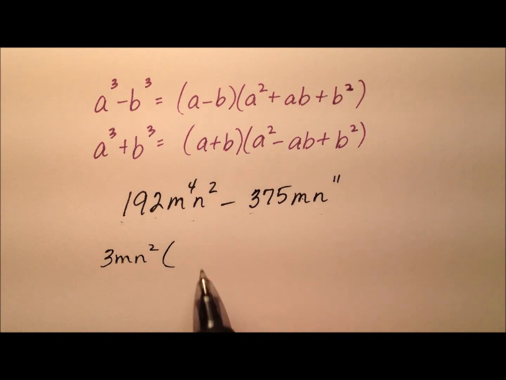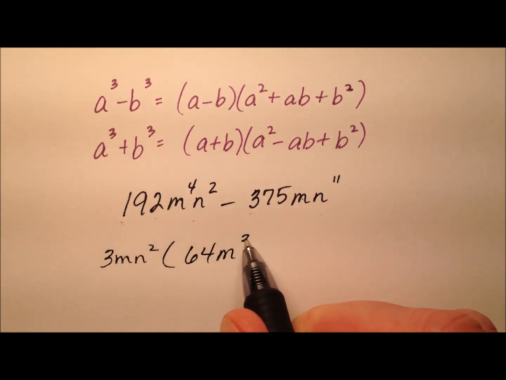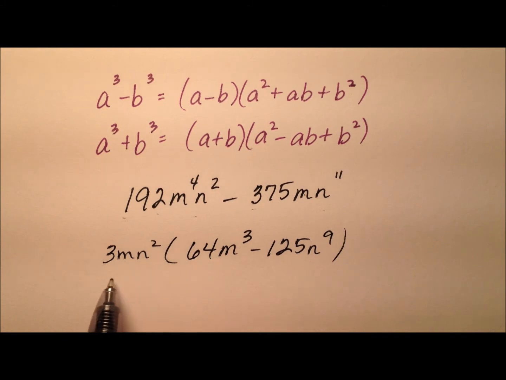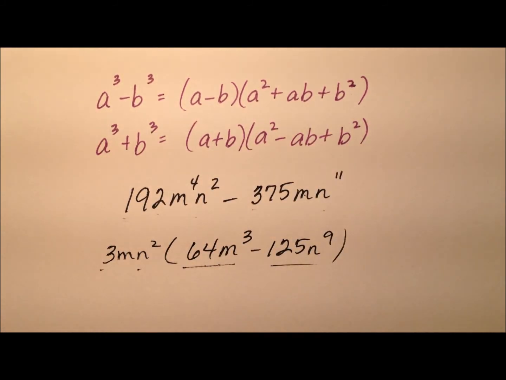So after we factor out the greatest common factor, it looks like we'll have 64 m cubed minus 125 n to the ninth. Okay? So ignoring this greatest common factor for a second, we can focus on our difference of cubes right here, and we have our factorization formula at the top here.